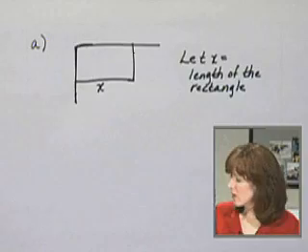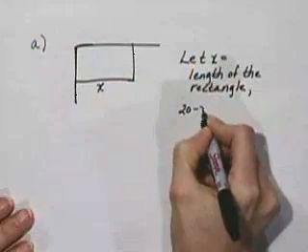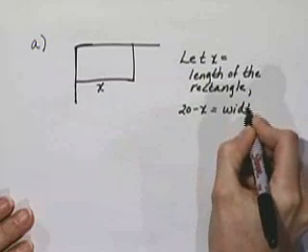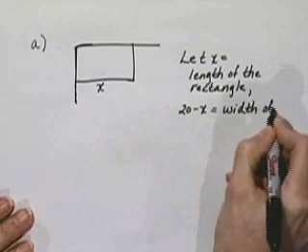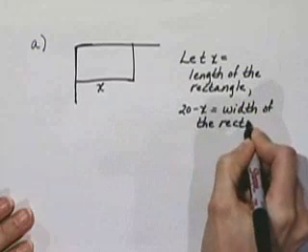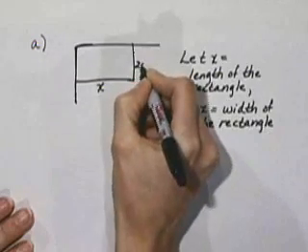Well, there's 20 feet of dividers altogether, so the width would be 20 minus x. So we would then have 20 minus x equals the width of the rectangle. And it's a good idea to label your drawing. So we have 20 minus x here.